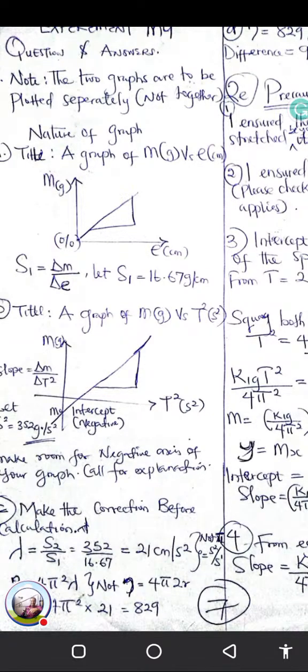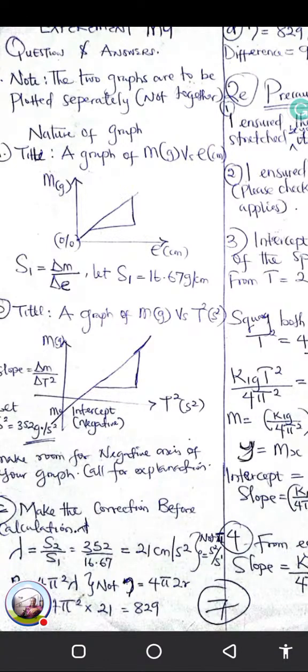Yes, we are going to see that in our equation transformation, where the intercept should be. Now what you need to understand is that every practical, every graph you plot, has a physical equation that relates the variables concerned. Very, very important. So by the time you compare those equations with the equation of a straight line, you'll be able to draw conclusions on the nature of the graph, where the intercept is going to be, and how the slope is going to be.